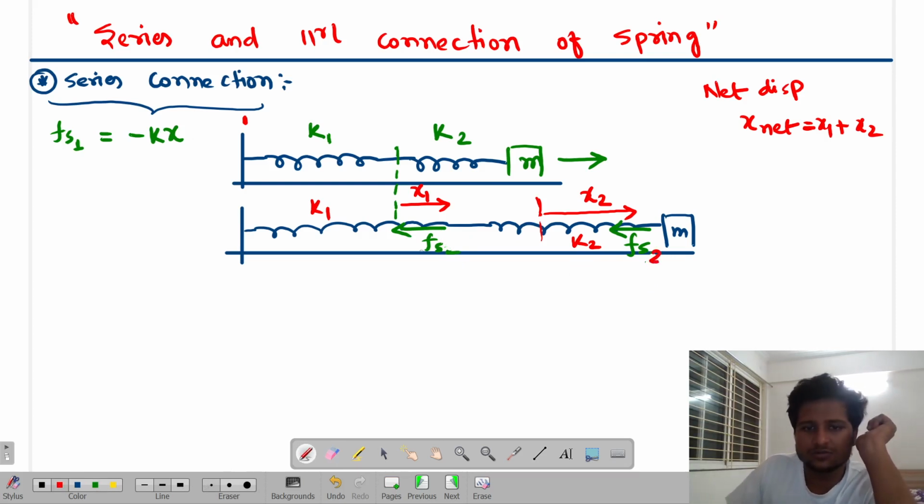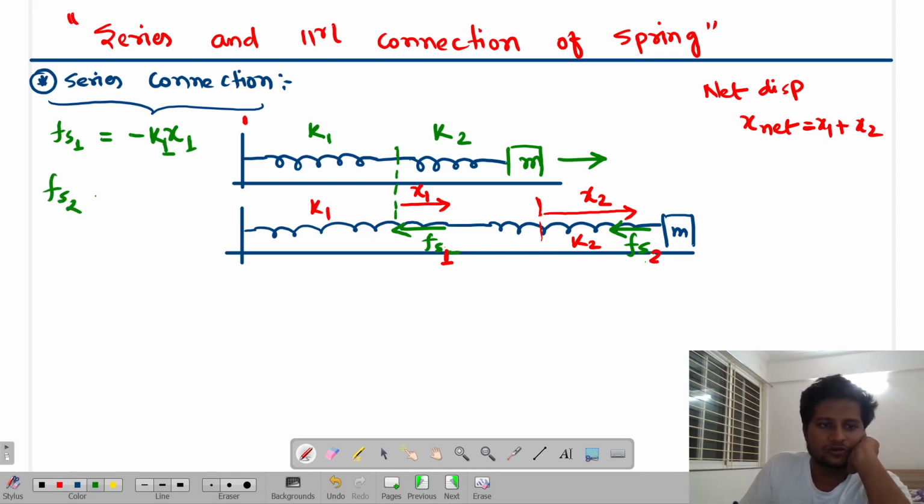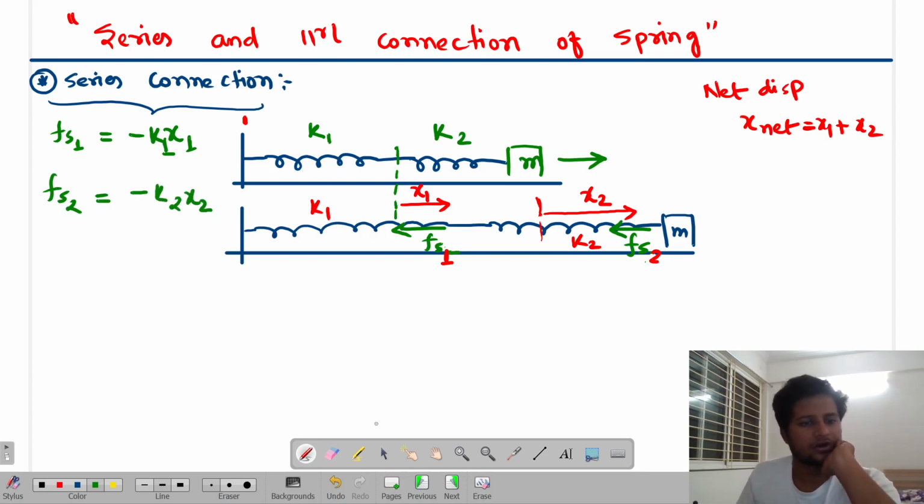This is Fs2, this is Fs1. So Fs1 will be minus k1 x1. Are you able to get me? Similarly, the spring force 2 will be minus k2 x2. Got it or not?